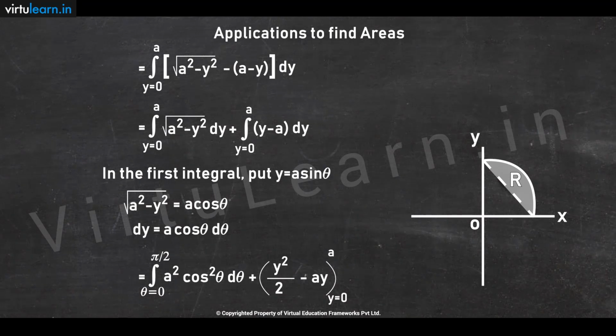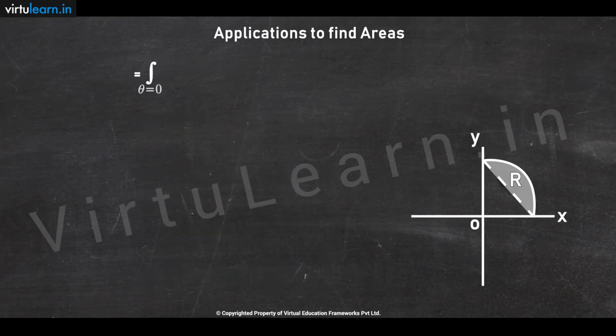So the integral now takes the form integral theta is equal to 0 to pi by 2 a square by 2 into 1 plus cos 2 theta d theta plus a square by 2 minus a square. We notice that here cos square theta is replaced by 1 plus cos 2 theta by 2, and then in the second part we have substituted the limits.